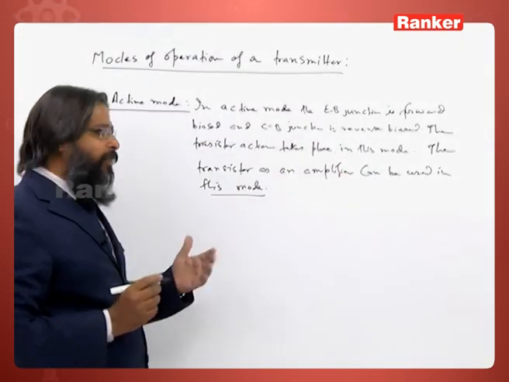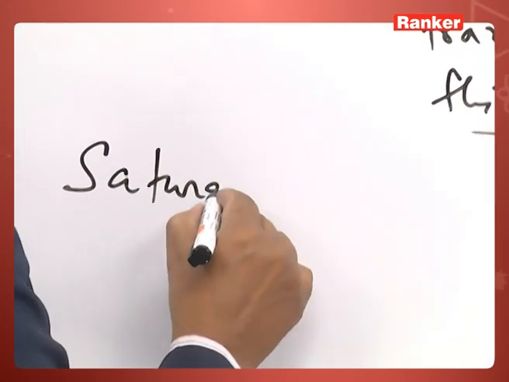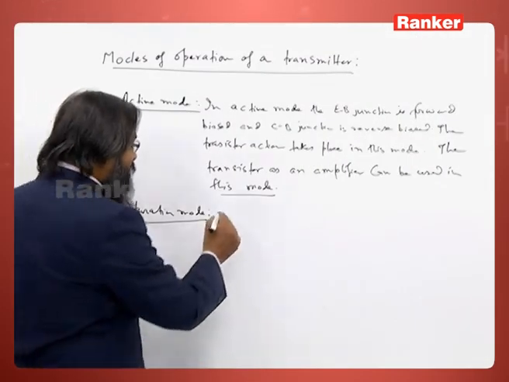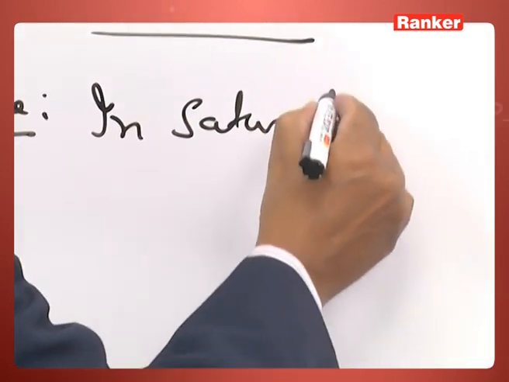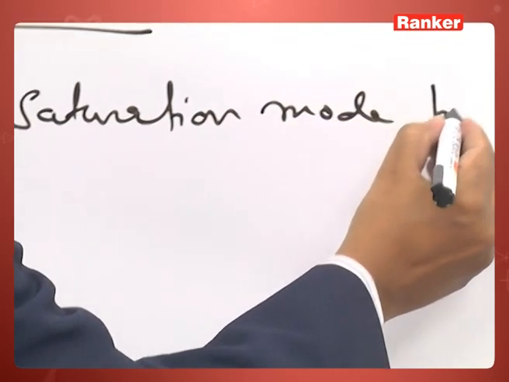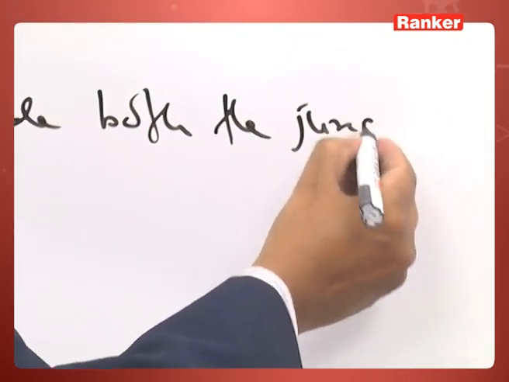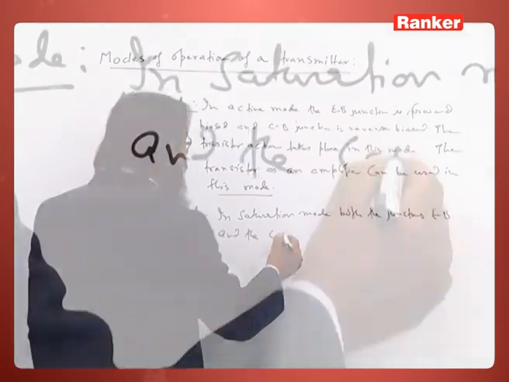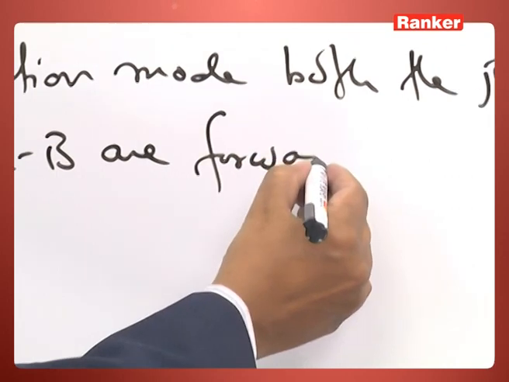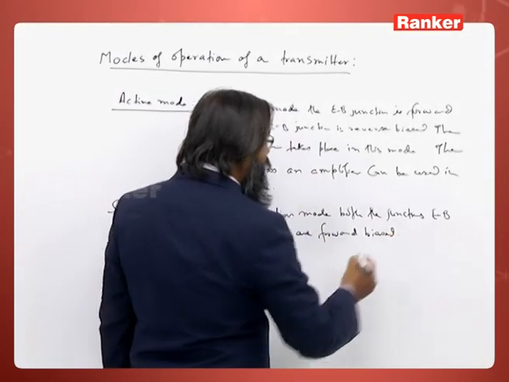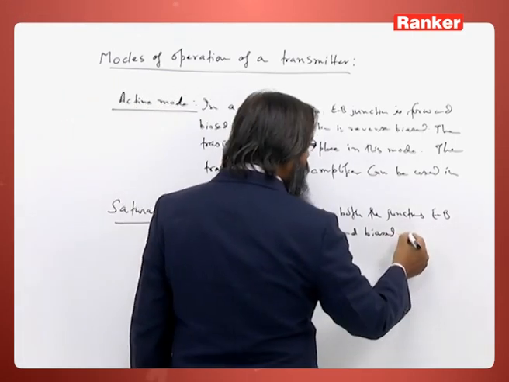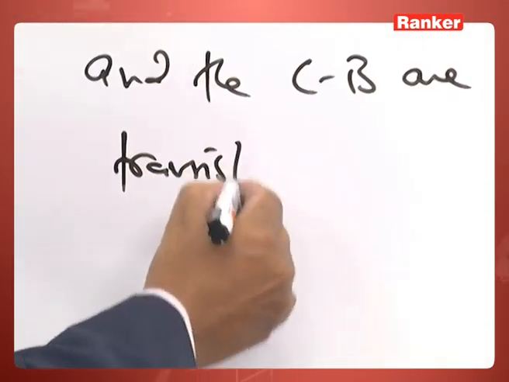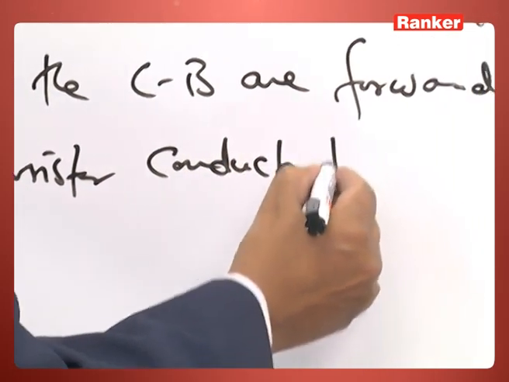Next is saturation mode. So, in saturation mode, both the junctions, that is emitter base and the collector base are forward biased and the transistor conducts the current.